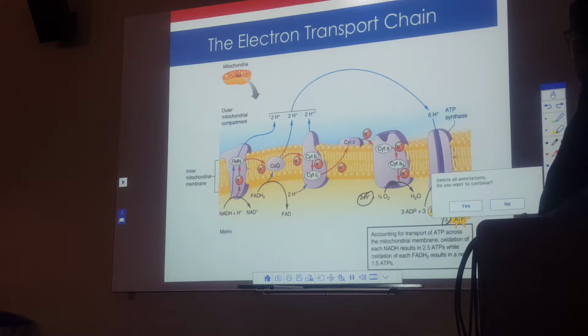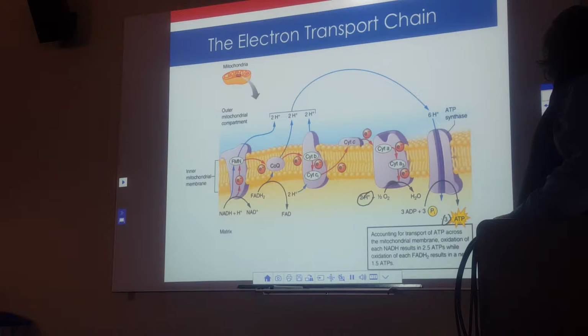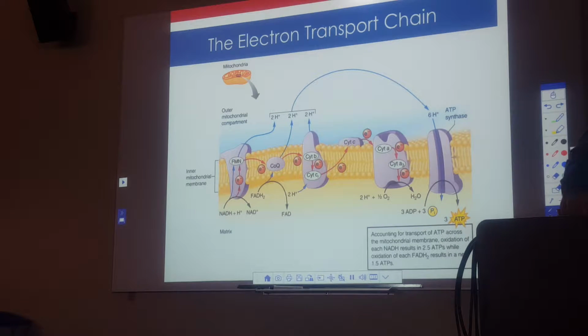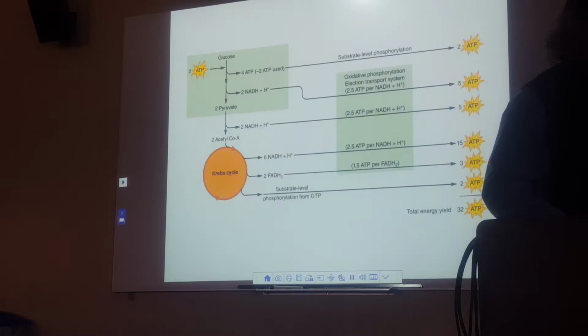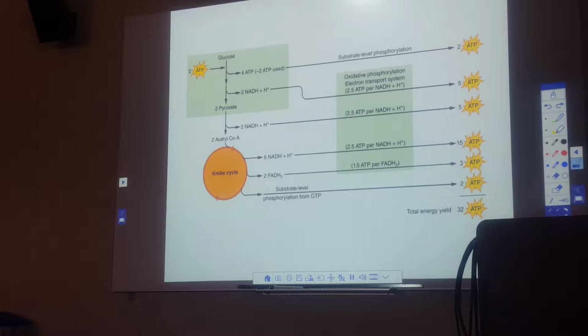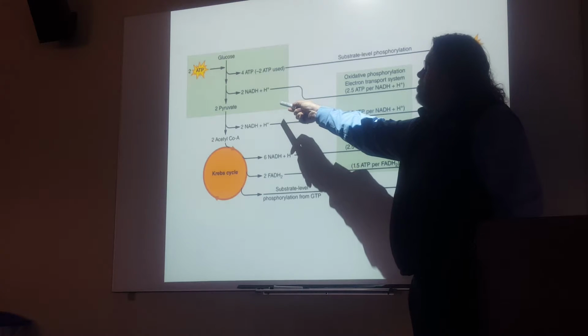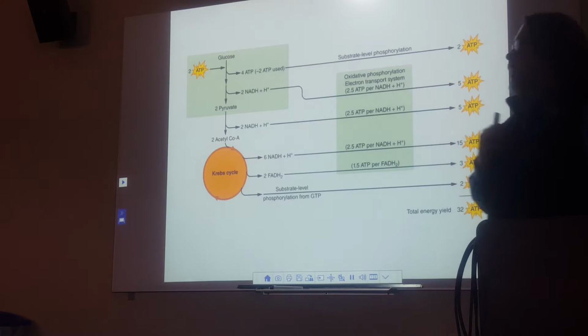So when we were doing our accounting, we had Austin go up to the board and do quite a bit of accounting, did we not? And it looked something like this, didn't it? So what is the green box over here? That is glycolysis, right?